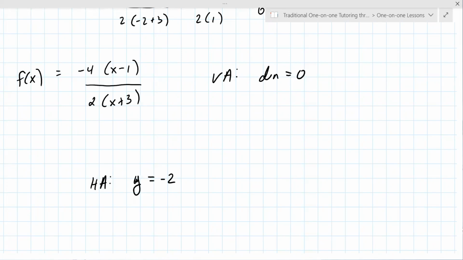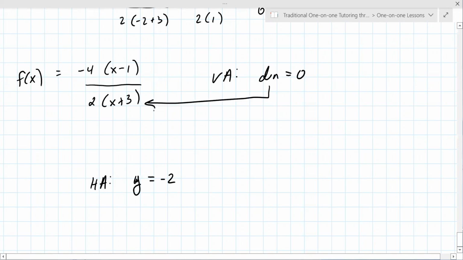So would it be -4x minus 1 equals 0, or would it be the -4 denominator minus the 1 denominator equals 0? You're setting the bottom equal to 0. Yeah, that's what I did. Okay, what did you come up with? It would be undefined. Right, where? What value makes it undefined?